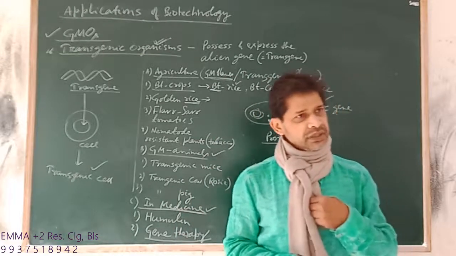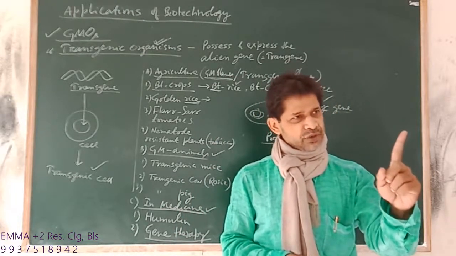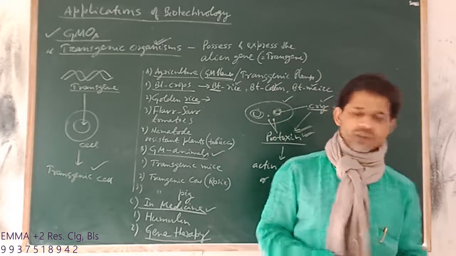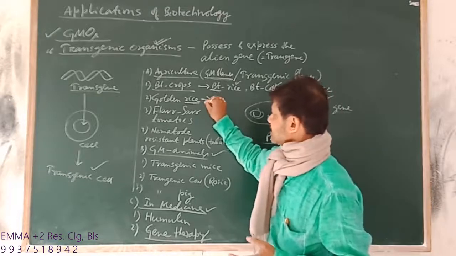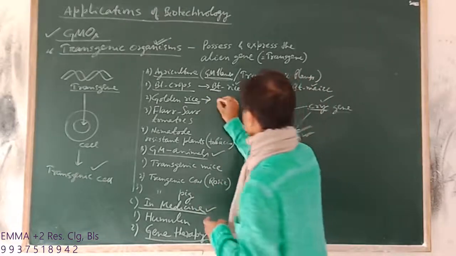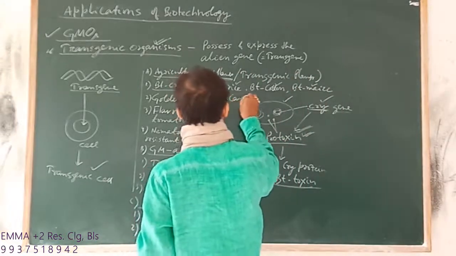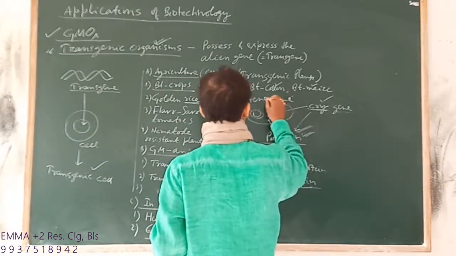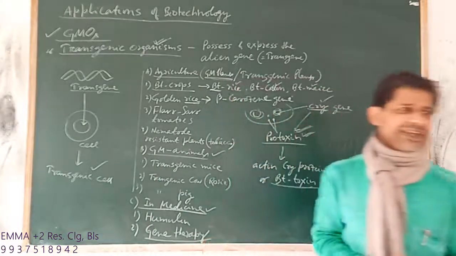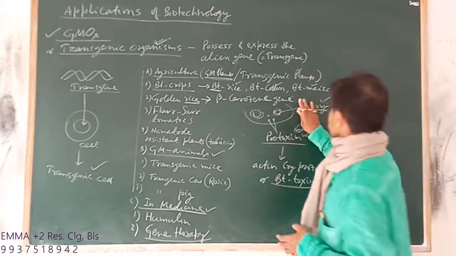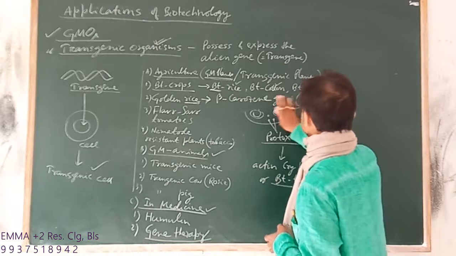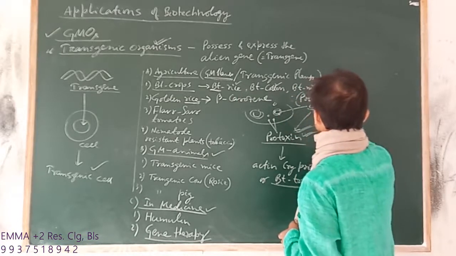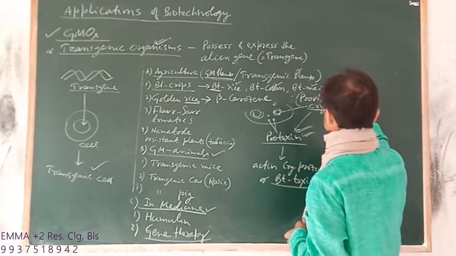In the liver cell, one beta carotene breaks down into 2 vitamin A. So golden rice is a transgenic plant with the beta carotene gene. Don't think beta carotene is vitamin A. It is a provitamin. Beta carotene is a provitamin A gene.